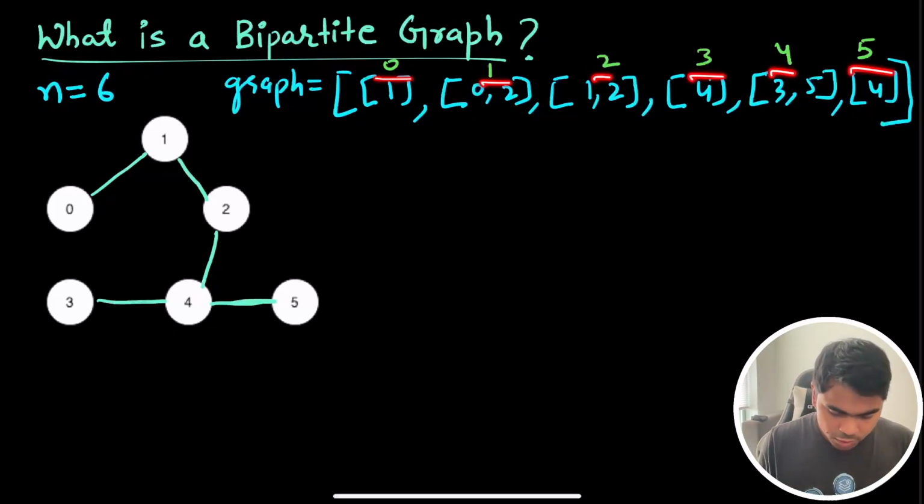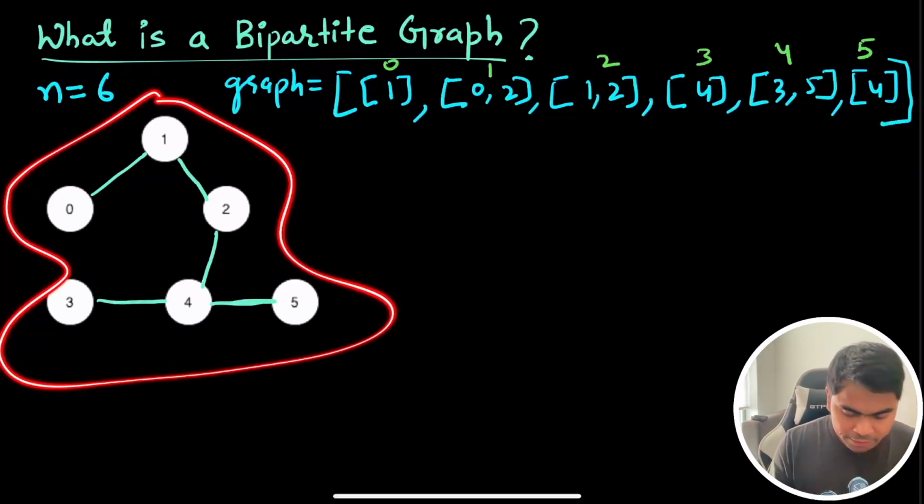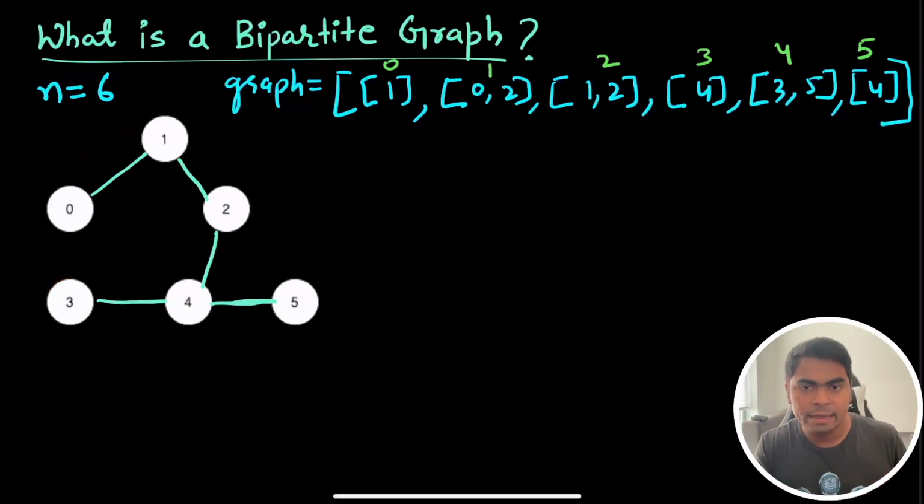Okay, all right, so this particular graph that we are given here, is it bipartite? So bipartite means grouping it into two sets. An easier way would be, can you assign two different colors to the nodes given that no two adjacent nodes are the same color?